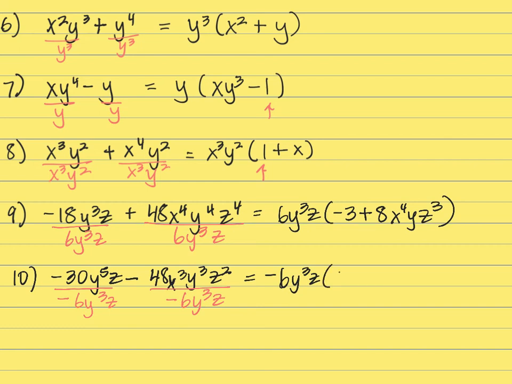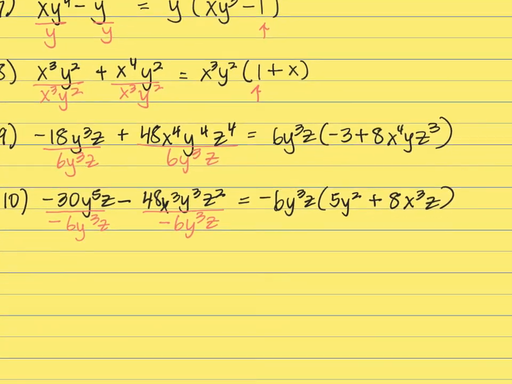If I divide that out, that would be a positive 5 y squared. The z's go away. Okay, so then the positive 8 x to the third z. So notice how the answer is different, but the GCF happens to be the same, sort of. So anyway, there you go. There's a lot of GCFs. You have to look for those first.